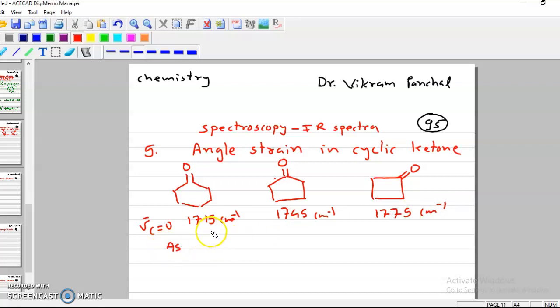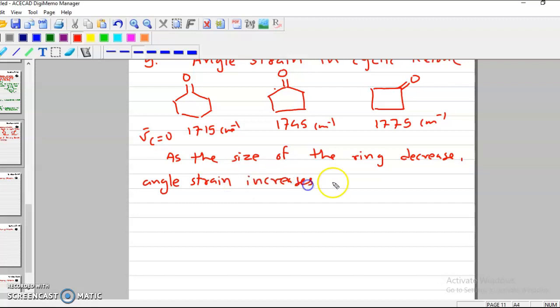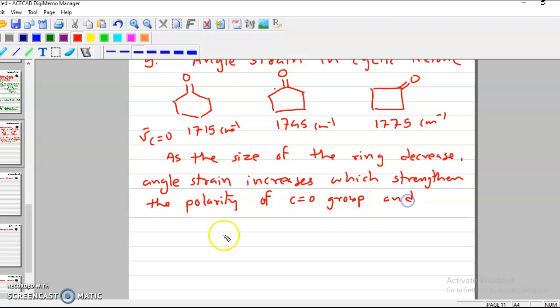So here it is clear that as the size of the ring decreases, angle strain increases, which strengthens the polarity of the C=O group, and therefore absorption will be at higher wave number.